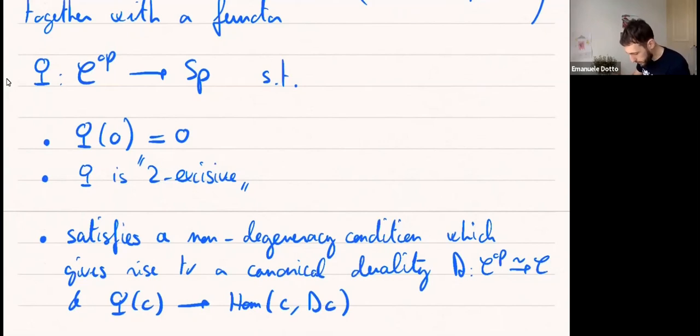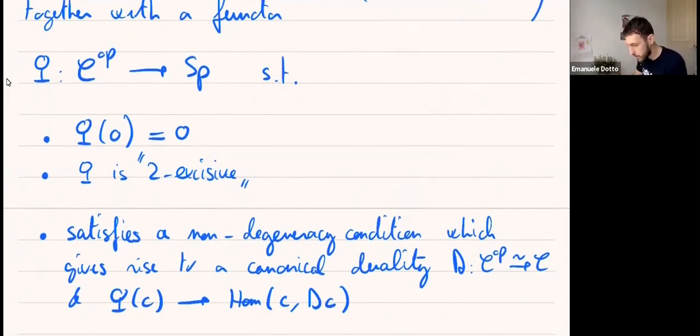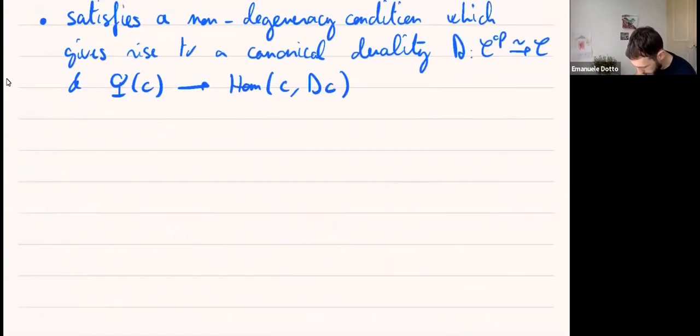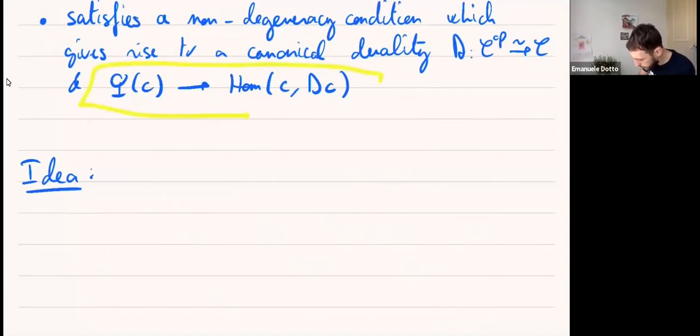But what's the point of having this structure? The point of this structure is that it somehow encodes a formal notion of forms on the objects of C. So let me write that down. So the idea is the following. First of all, because of this map, let's give it a name, let's call it lower sharp.